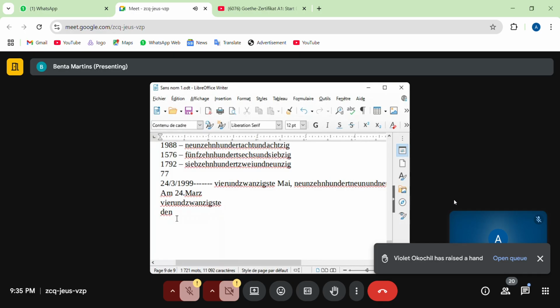These long number words are for when someone asks you what the date is today, and you tell them, es ist der zwanzigste Mai. But when you're writing it, you're going to write it in numbers.